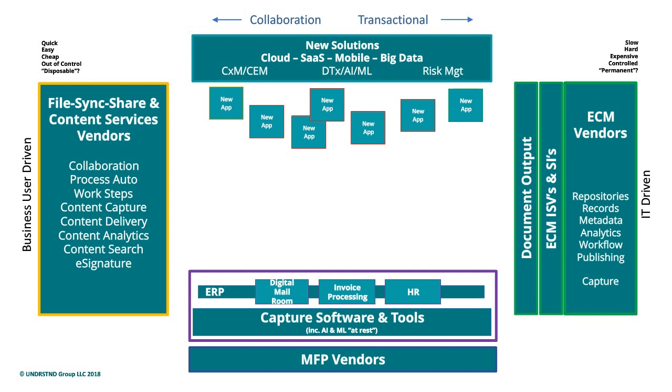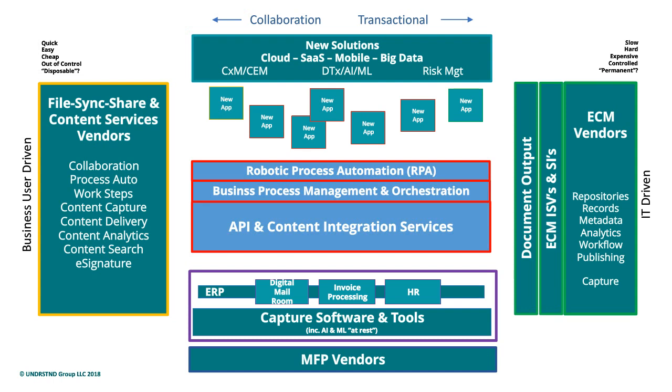For us, we believe that the most significant part of this market map is here in the middle in blue. This is where we believe the true value is, and Dave will talk about Nuxio's view on this.